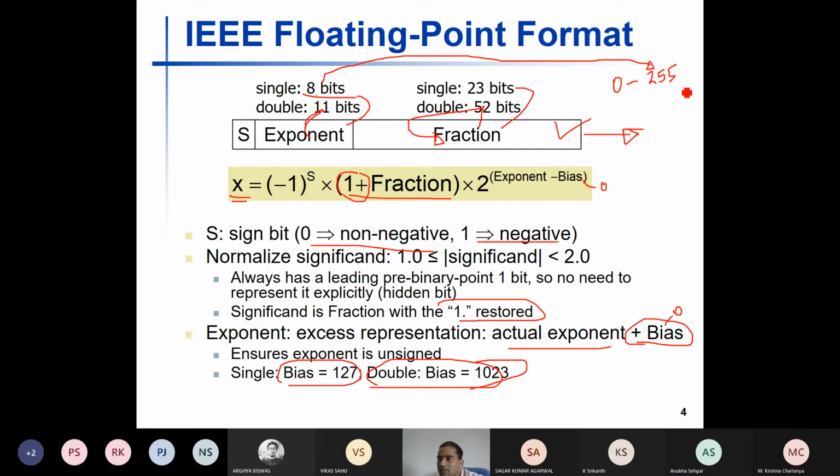The bias is 127, so you subtract 127 from both ends, and the range becomes minus 127 to 128. So now I can store this range. If I don't use the bias, I can store the first range. If I use the bias, I can store the second range. Now you tell me the pluses and minuses of each case.